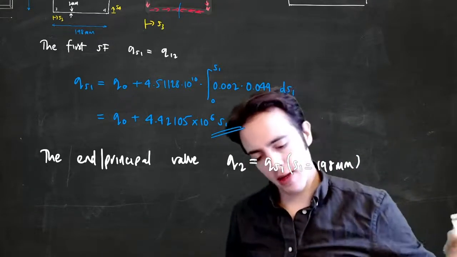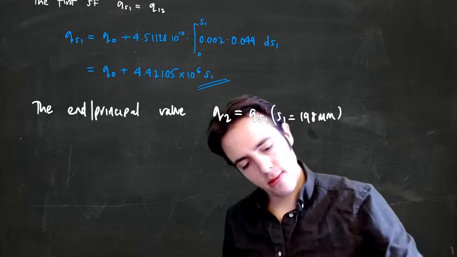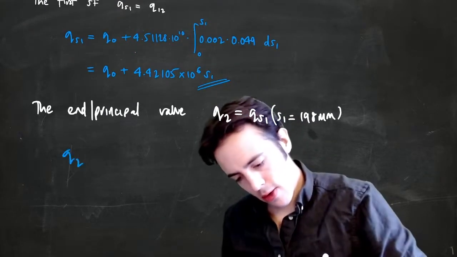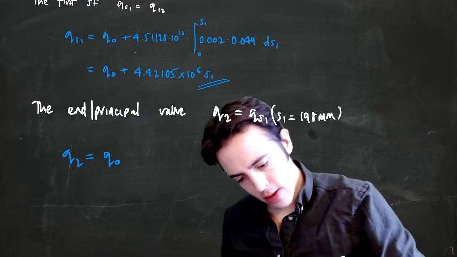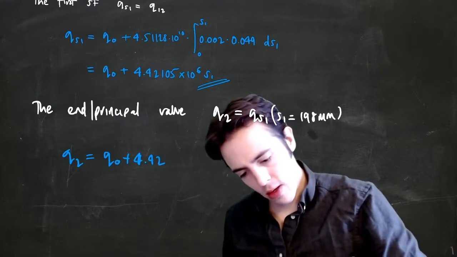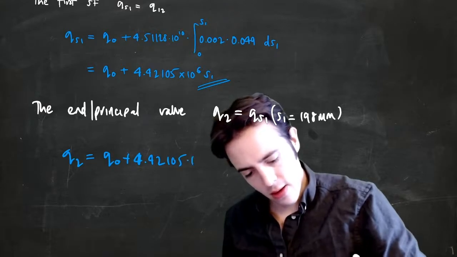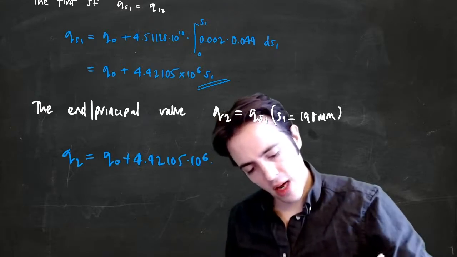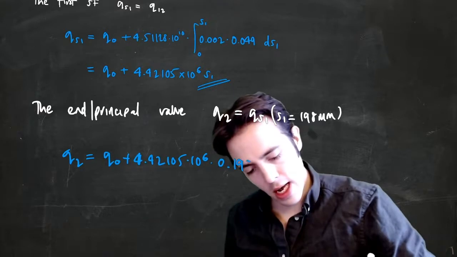Q2 is equal to Q0 plus 4.42105 times 10 to the 6 multiplied by 0.198.